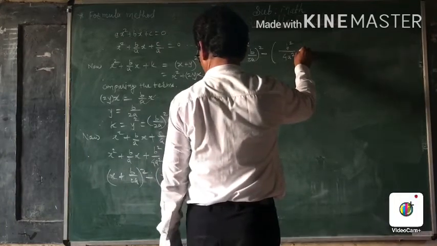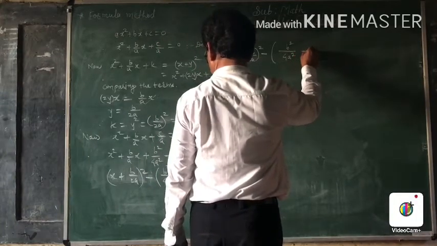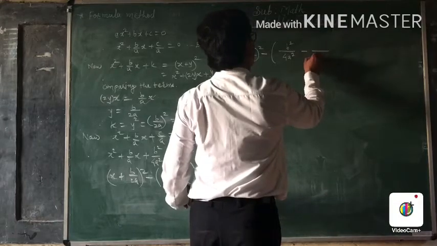b square upon 4a square minus 4a square.